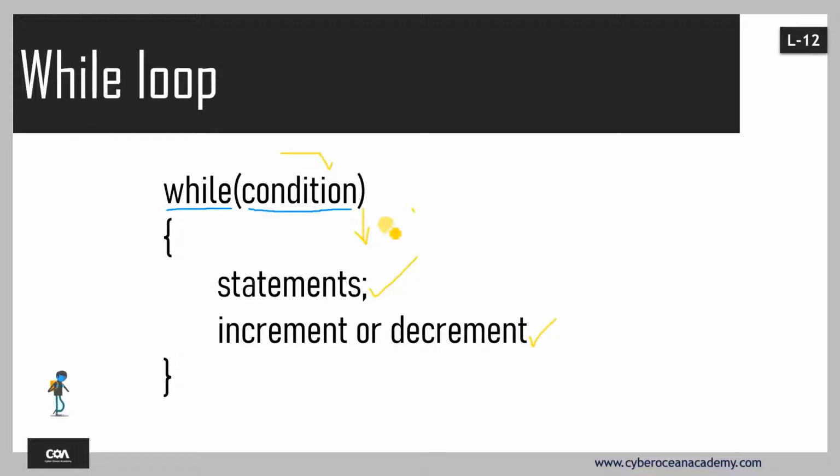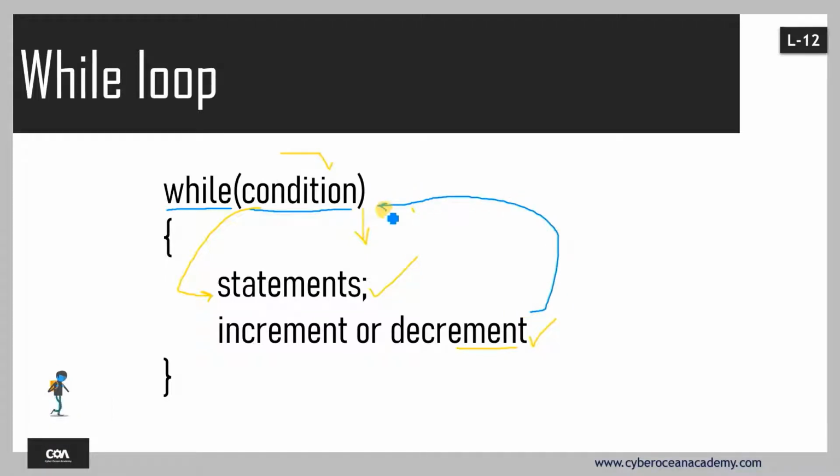That is basically how a while loop works. When the statements have executed, you increment or decrement the value used in the condition. After the value is increased or decreased, you check the condition again in the while loop.